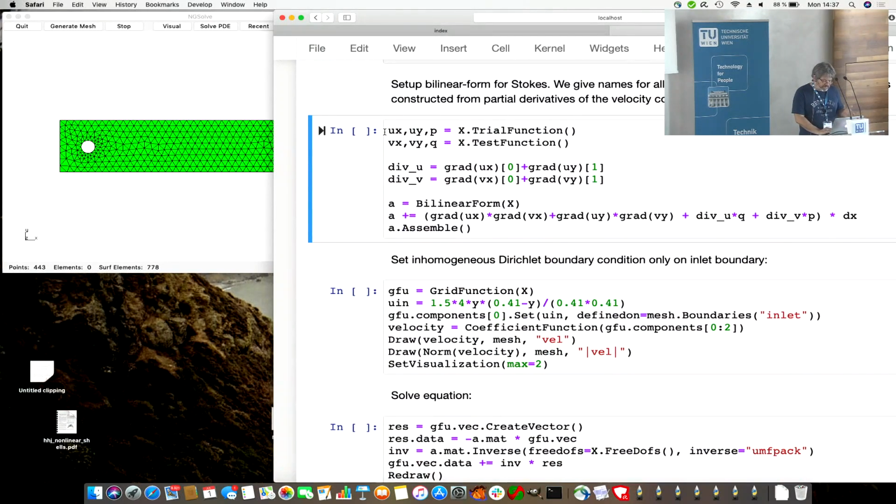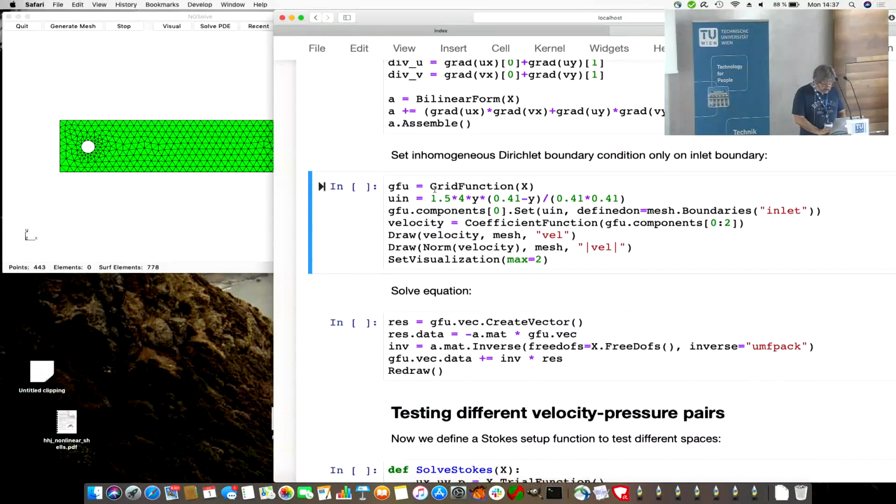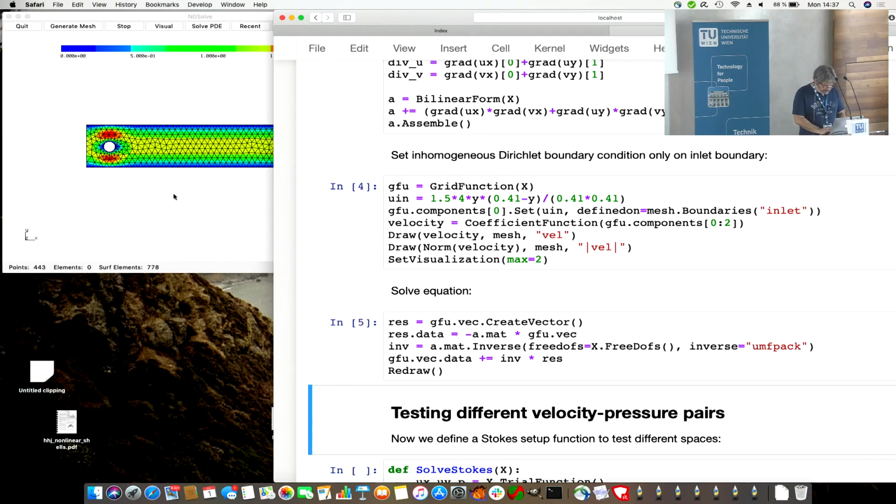We have trial functions ux, uy, and pressure, and test functions, and can form the divergence, very elementary here, taking the gradient of the u x, y components, and write down the Stokes bilinear form. The boundary conditions are very similar for the first component of the grid function, very much as before, and solve.